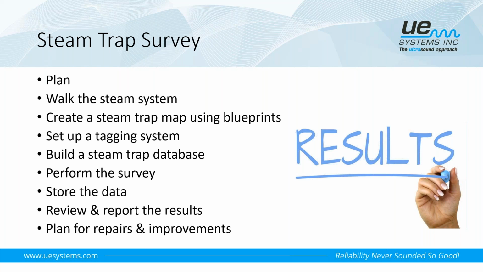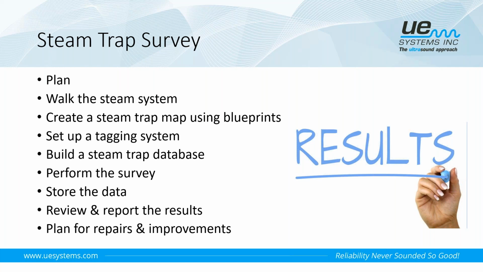You set up a tagging system, set up a way that you want to name the traps. And really you can do this in our UltraTrend DMS software. So if you don't have a steam trap database in use, or maybe even if it's in, say, Excel, you can set up and use the UltraTrend DMS software that comes with our UltraPro models.